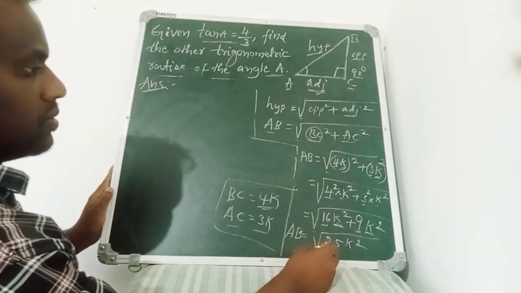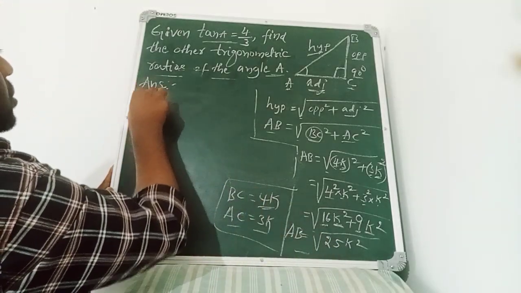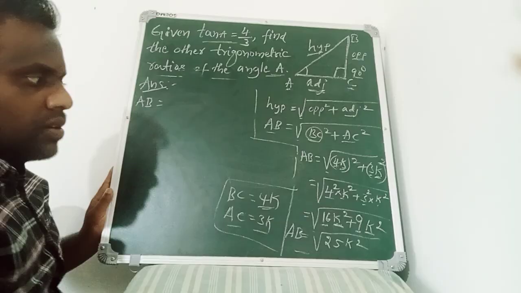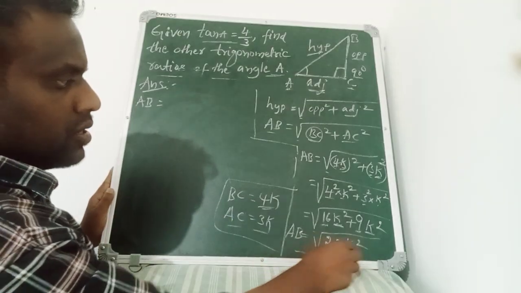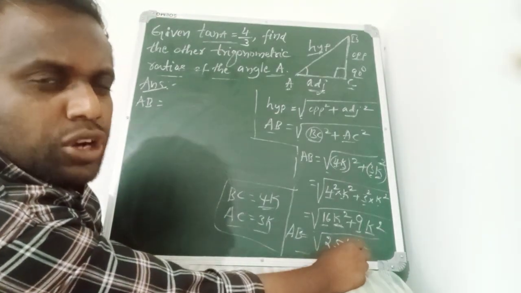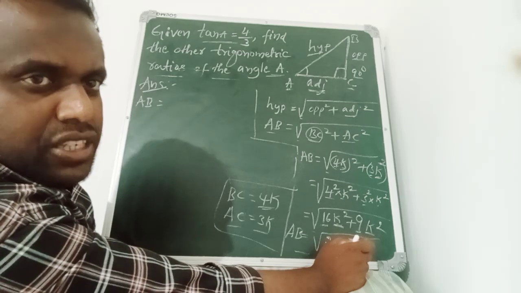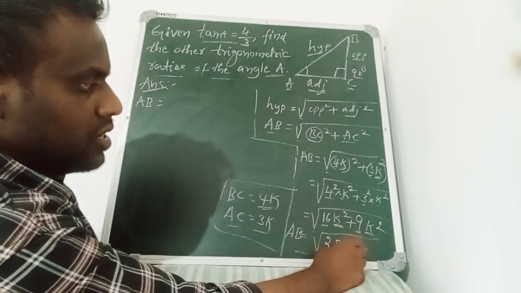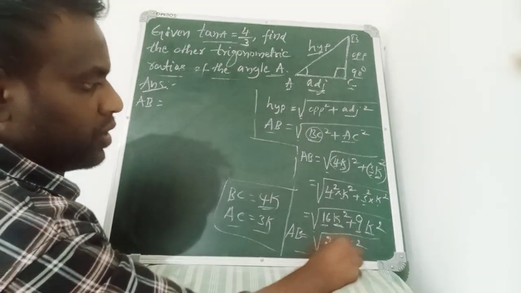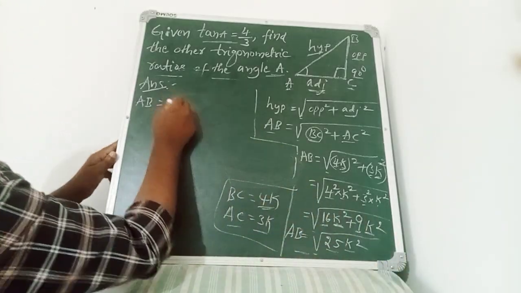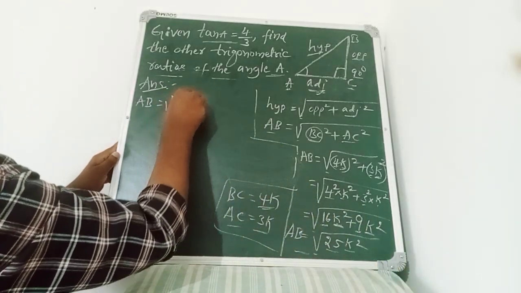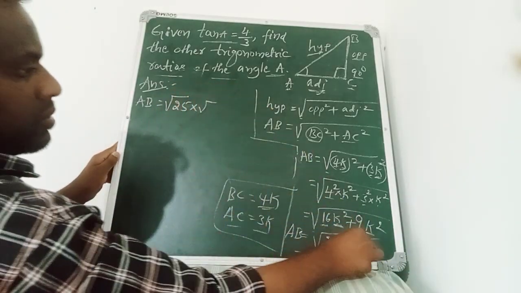Now we have AB is equal to the square root of 25k square. See, 25k square means 25 into k square. Here multiplication is there, so we can take the square root of 25 separately and k square separately. So square root of 25 into square root of k square.